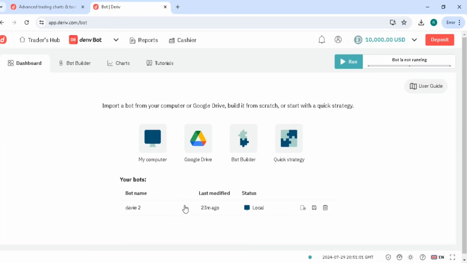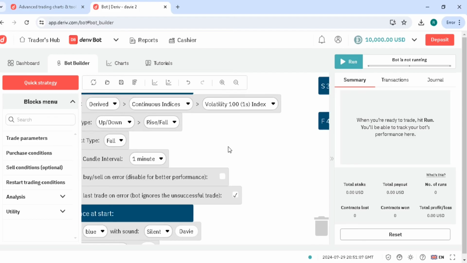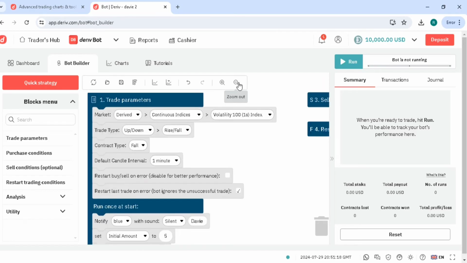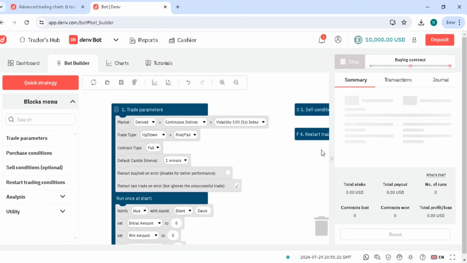So I have this bot already opened, and it is working just fine. This is the bot that we are going to use for the purposes of demonstrating this. Now let me see whether it's working okay.